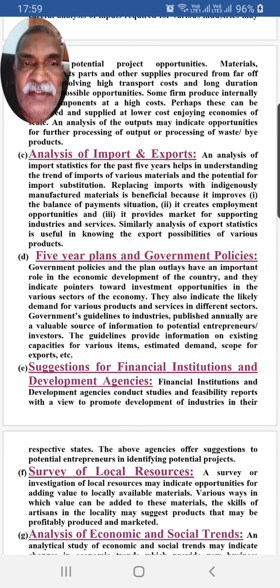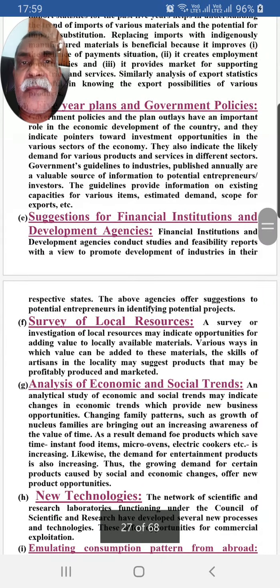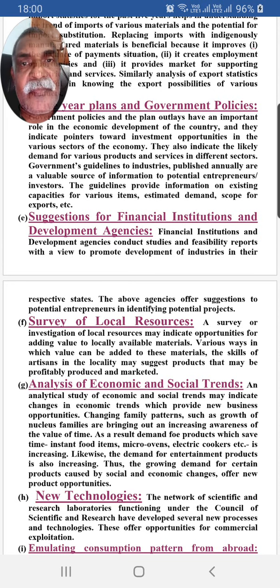They also indicate the likely demand for various products and services in different sectors. Government guidelines to industries published annually are a valuable source of information to potential entrepreneurs or investors.